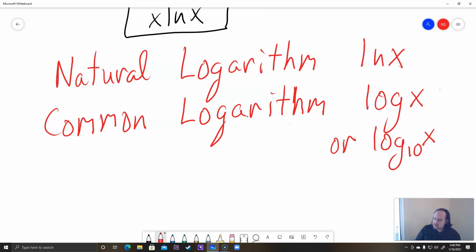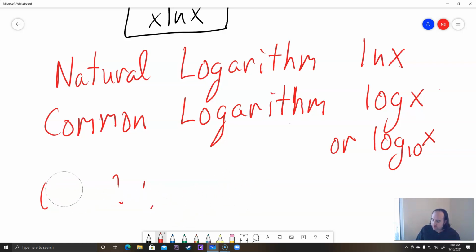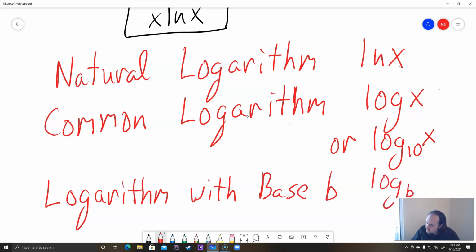Okay, and then lastly you've got a general logarithm, or whatever you want to call it. We could just call it a logarithm. So a logarithm with any base. So let's just call the base b. Well, that's going to look like log base b of x.